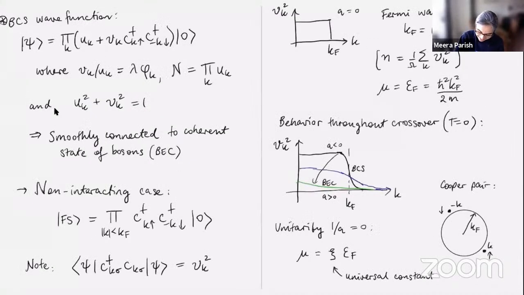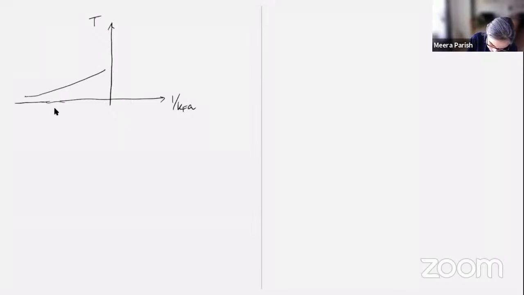I don't have my plot here, but I'm jumping ahead of myself. If you have temperature on one axis and one over KFA on the other, you have some kind of critical temperature above which you have a normal phase.